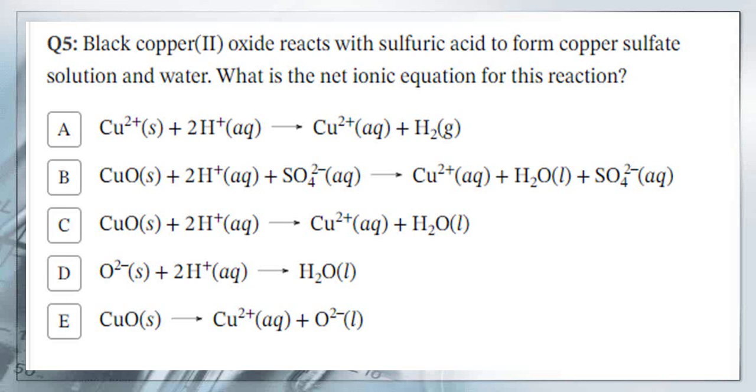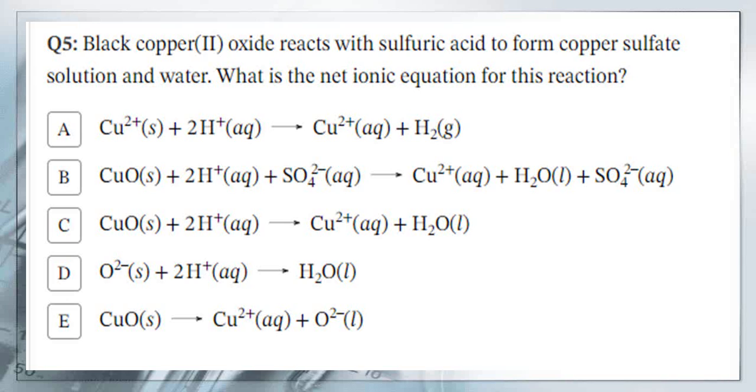Here we have copper oxide in the solid state, black copper oxide, a powder. When dissolving in a liquid like sulfuric acid, it will release copper as ions, copper 2, Cu plus 2, and water at the end of the reaction.